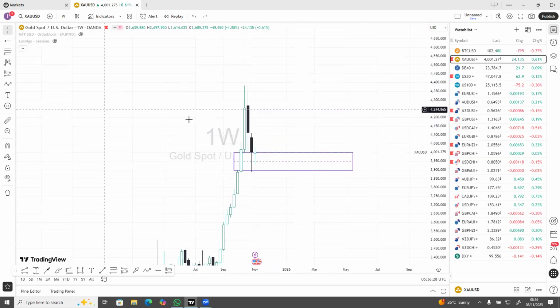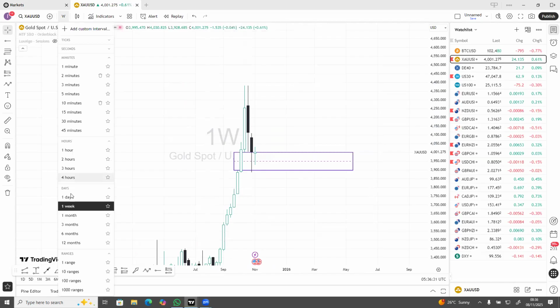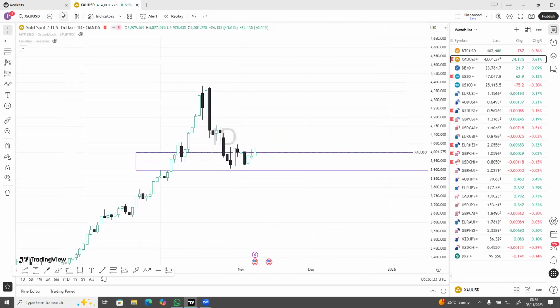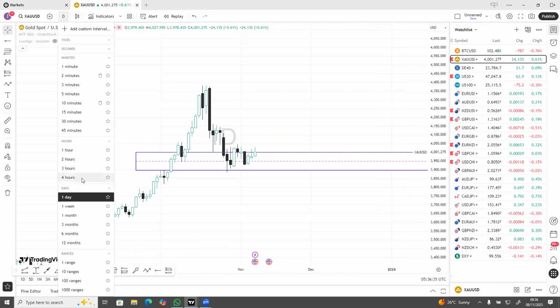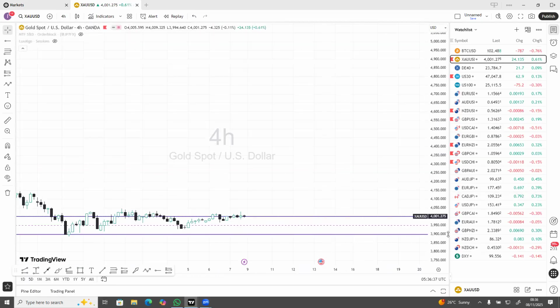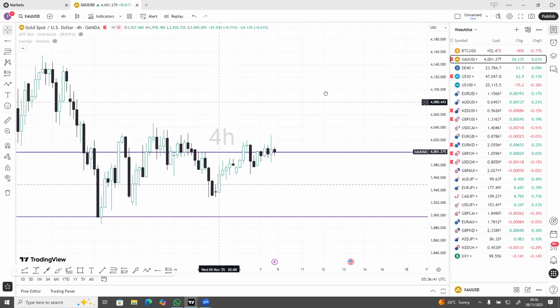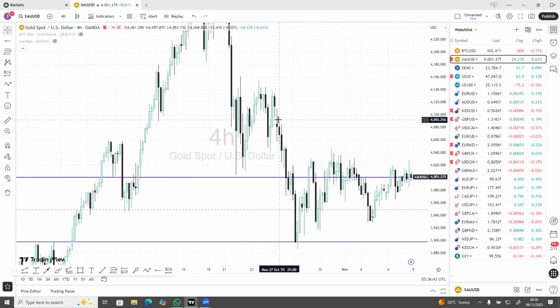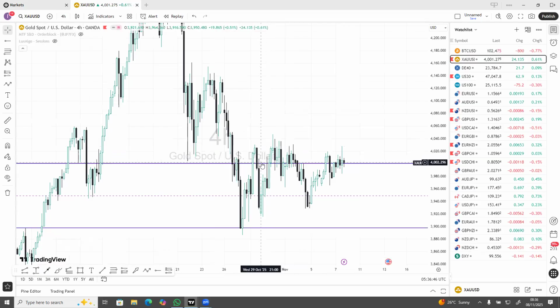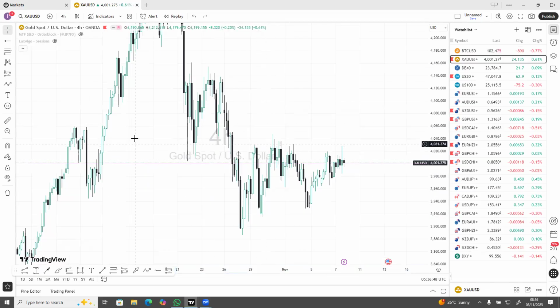That is weekly, shifted to 4 hour time frame. When you shift to the 4 hour time frame, analyze the market structure created on 4 hour. Firstly, we have that sweep.